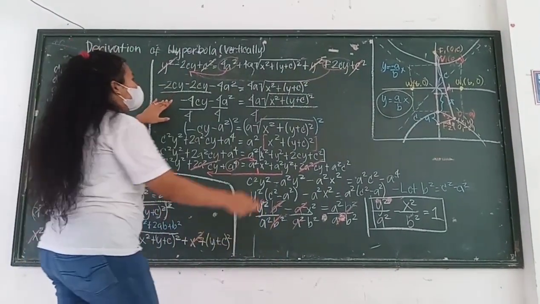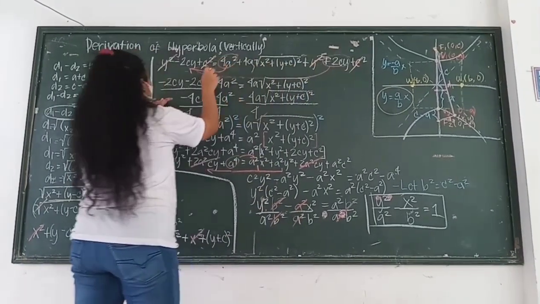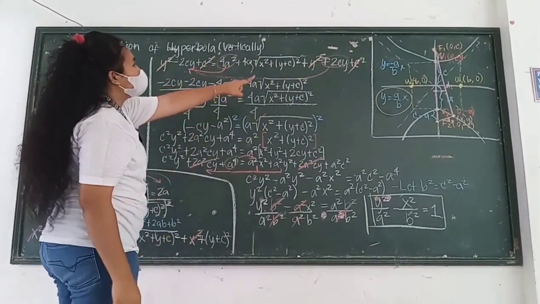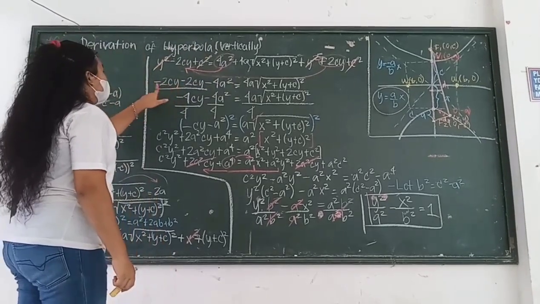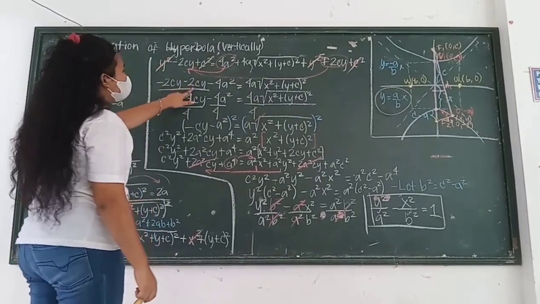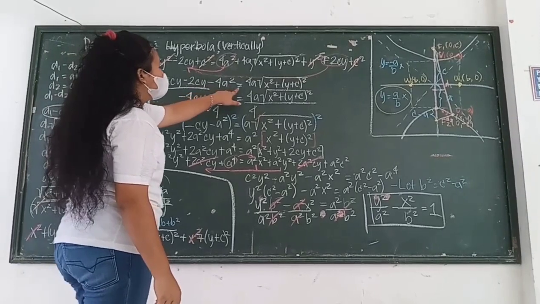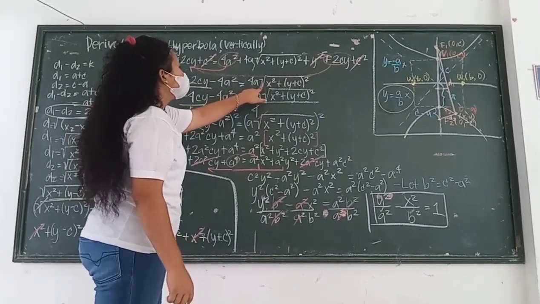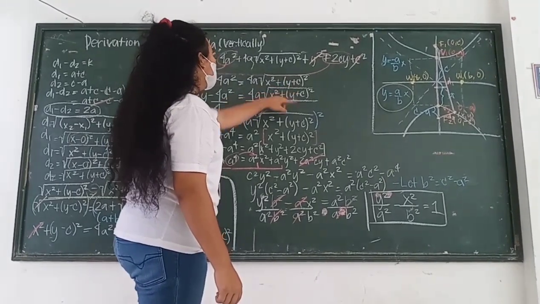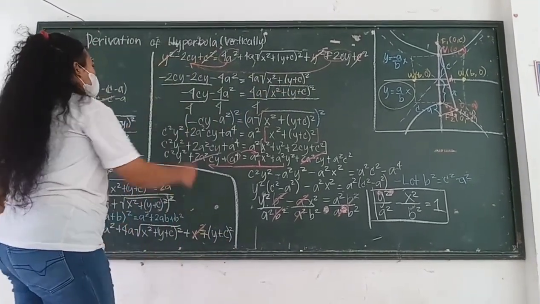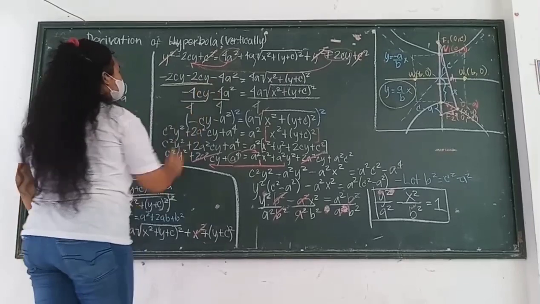So we're going to transpose this over here. So transposing the positive 2cy will be negative 2cy. So negative 2cy minus 2cy plus 4a squared is equal to 4a square root of x squared plus quantity of y plus c squared.